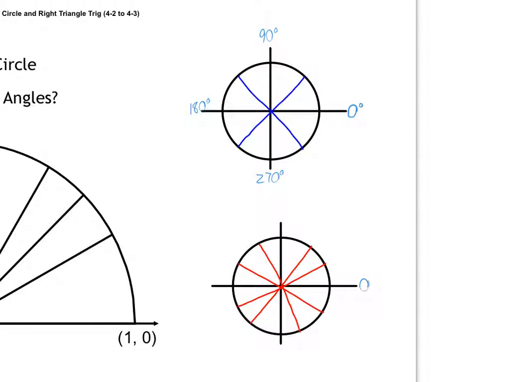Now we have the same thing down here, and by the way, we could call this 360 degrees as well, so 0 and 360. So we have 0 and 360 down here. We have 90, 180, and 270. Okay? Now, the top circle here, we've divided each quadrant in half. Okay? So what's half of 90? 45.